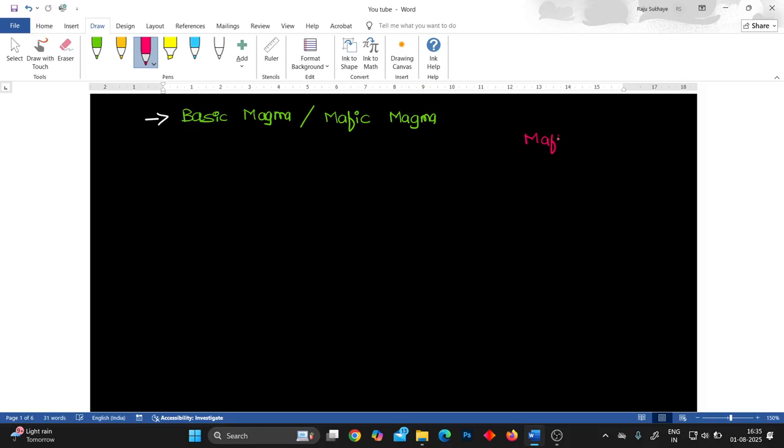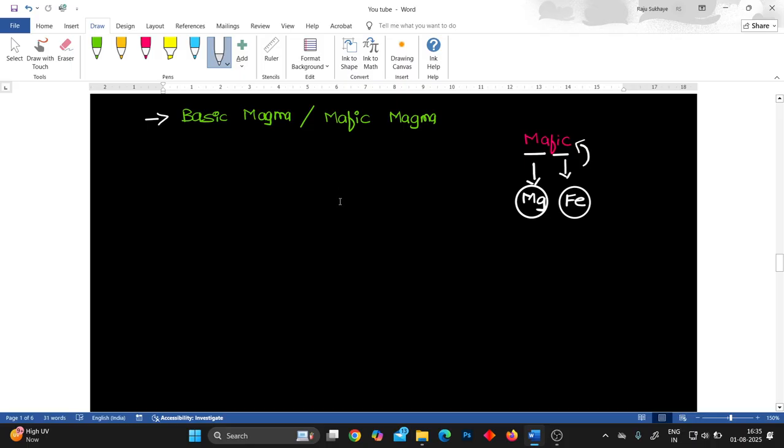We'll see that first of all, as we have seen felsic. Ma represents magnesium, the minerals which are rich in magnesium, and Fi represents iron in abundance. The minerals which have iron in more quantity are present in this particular rock, and the minerals which have magnesium in more quantity are also present in this rock. And as these two things are present in much abundance, the magma is known as mafic. That is another name for this basic magma itself.